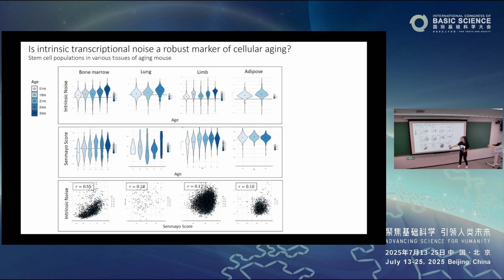If you look at the scatter plot of the Mayo score with the intrinsic noise, the entropy, you see that it matches for the bone marrow, but not for the other tissues. That is because the Mayo score was trained on the bone marrow, so it does well for the bone marrow, but it doesn't carry across tissues.